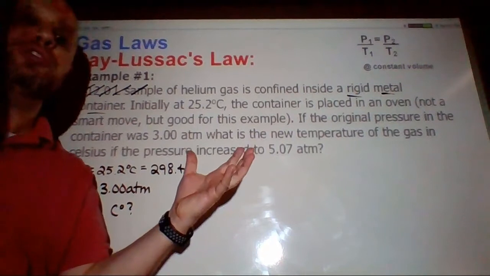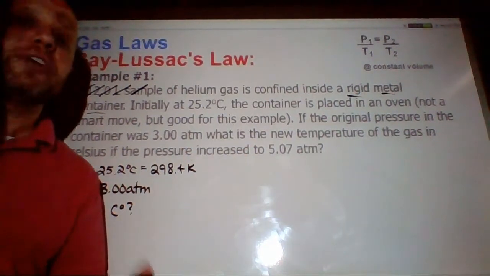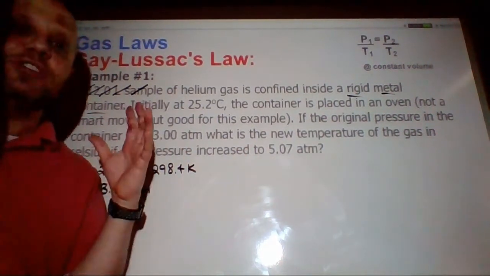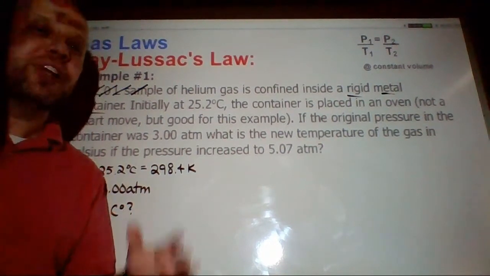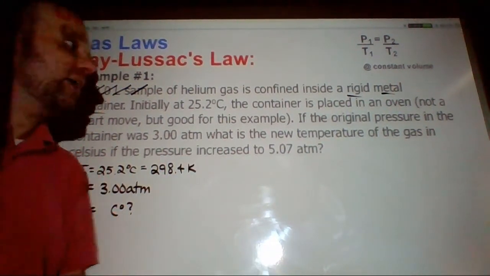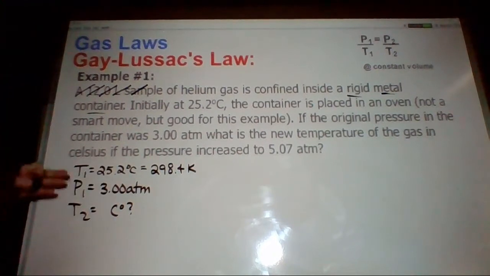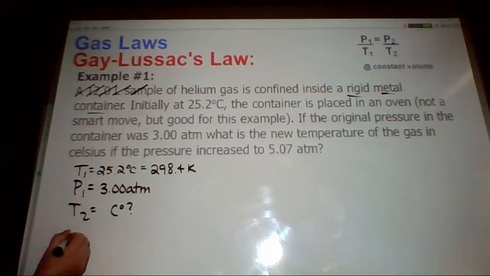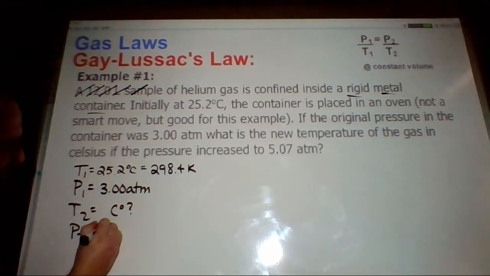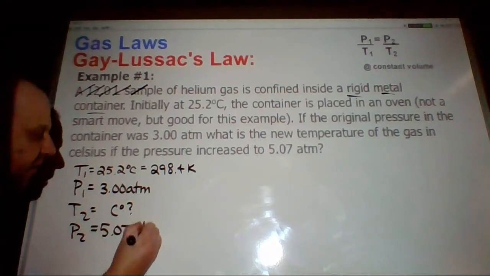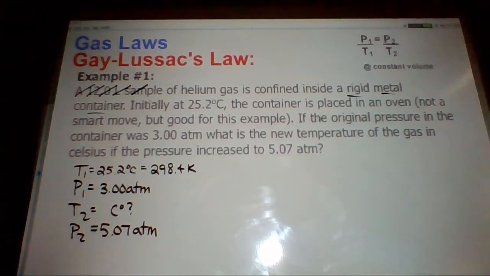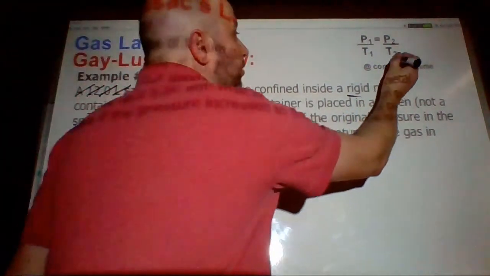If they give you a temperature in Celsius and they ask you for a final temperature in Celsius, it's a trick. You still have to go to Kelvin, do the problem, and then go back. All right, at the last part it says the new pressure is increased, so P2 is going to equal 5.07 atm.